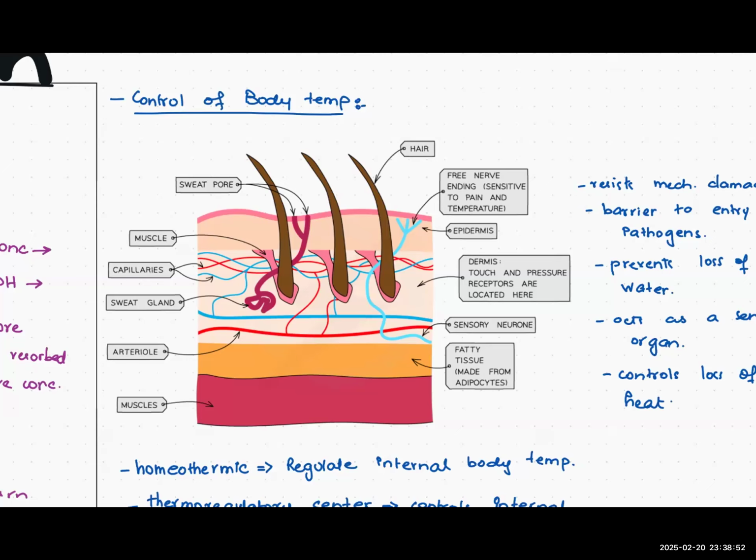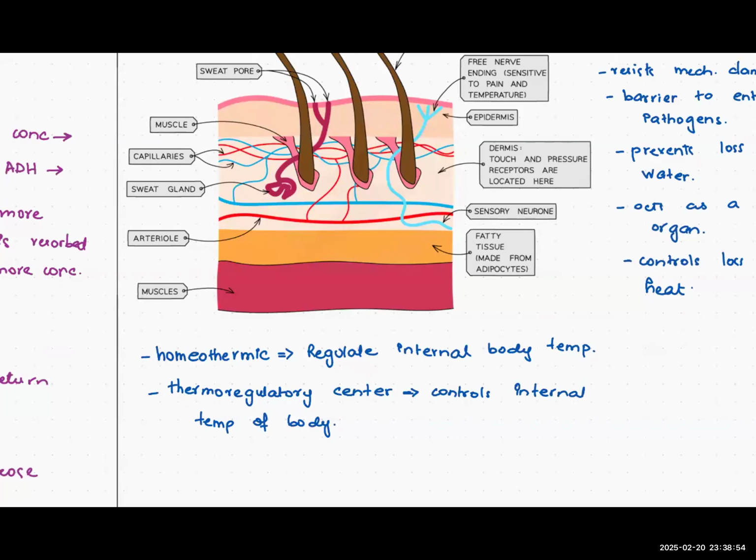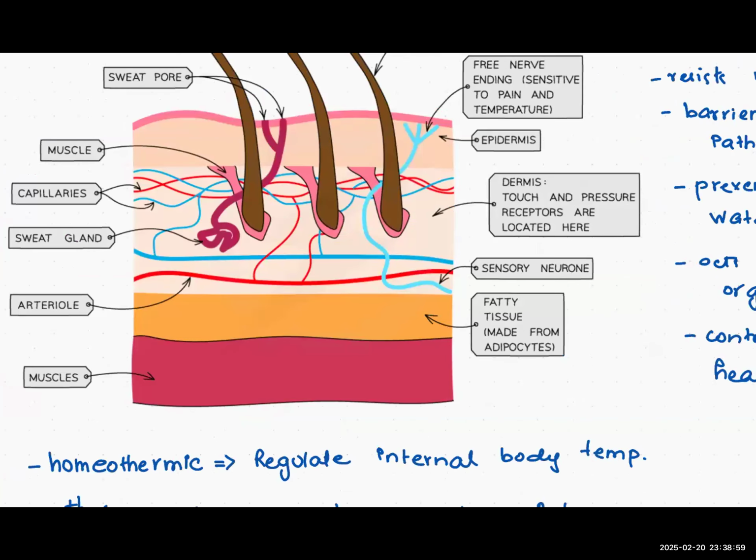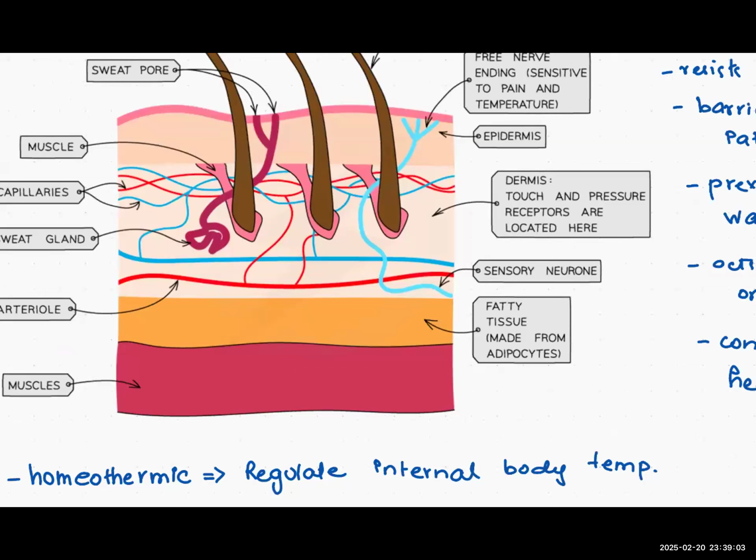So let's start with the first one. That's the epidermis. The epidermis basically consists of dead cells. You probably know this, but the top layer of your skin is basically dead cells, right? Because your skin is one of those tissues that is constantly dividing.